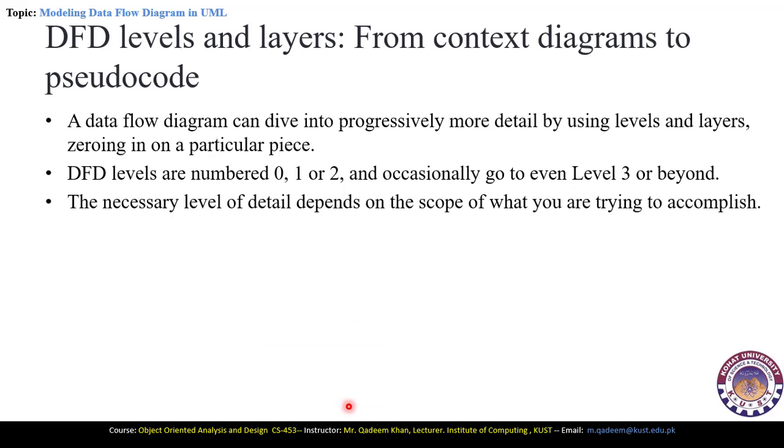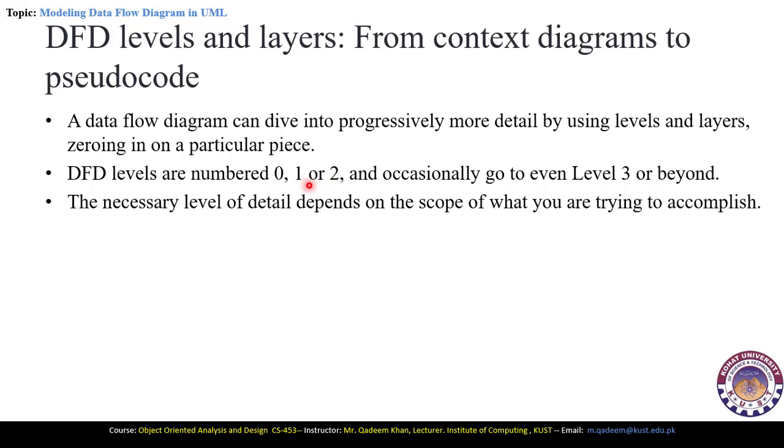Now, to convert the DFD into different levels, we have to progressively define the DFD in more detail. Here we have 0, 1 or 2 levels of the DFD. Mostly we use these levels 0, 1 or 2, and they are internationally known levels of the DFD.